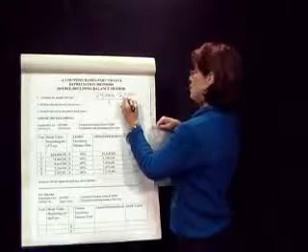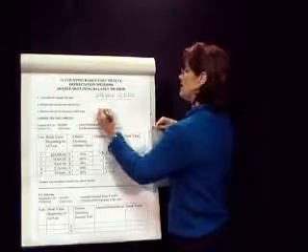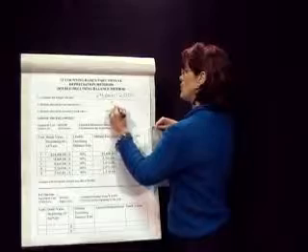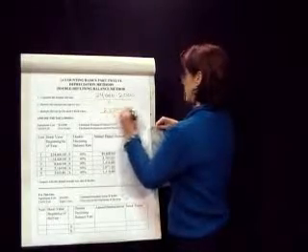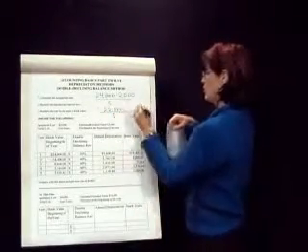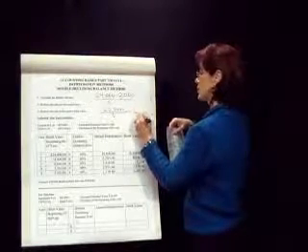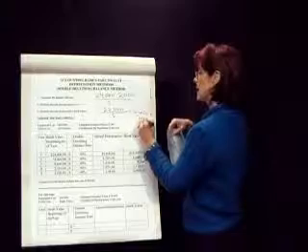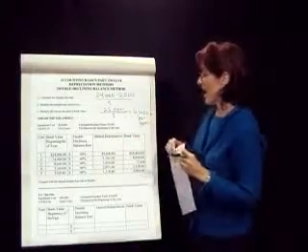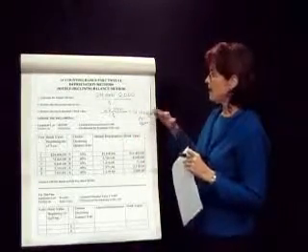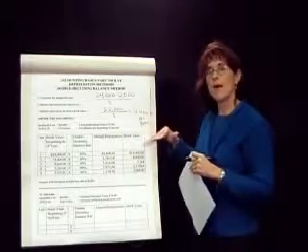Okay. So if we break that down, that would be $22,000 over 5, which should come out to $4,400 per year.